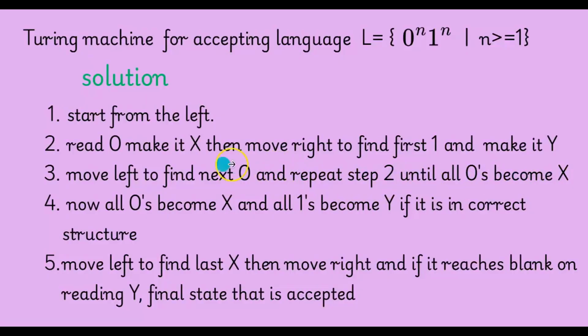That means for every 0 on the left side, you make it x and find the matching 1 and make it y. So now all zeros become x and all ones become y if it is in the correct structure, that means if there are an equal number of zeros followed by an equal number of ones.